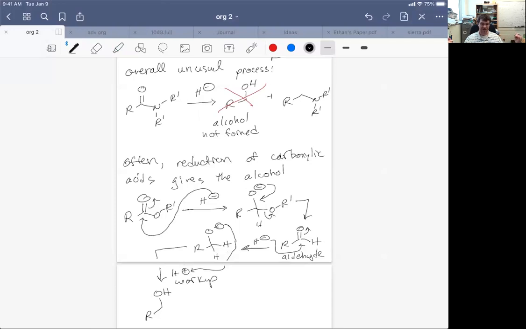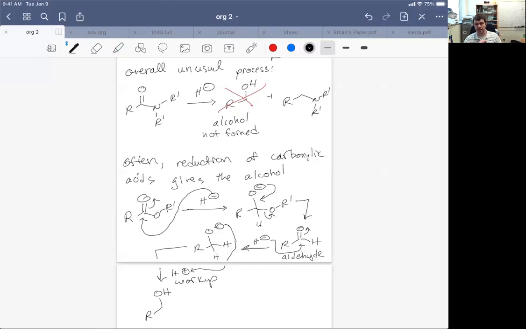Conversely, with an ester or any other carboxylic acid derivative that is more reactive than an amide, we're going to do the addition elimination, but this time we're going to eliminate that carboxylic acid derivative group. The weakest of the leaving groups still leaves, and in this case that would be an OR group. A chloride would leave, an acetate would leave if you had an anhydride, or a carboxylate would leave.